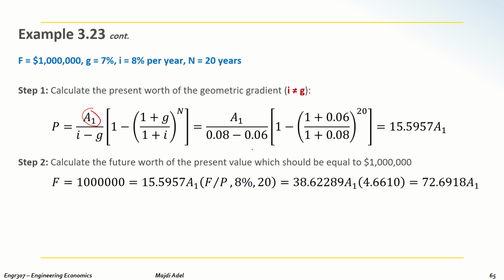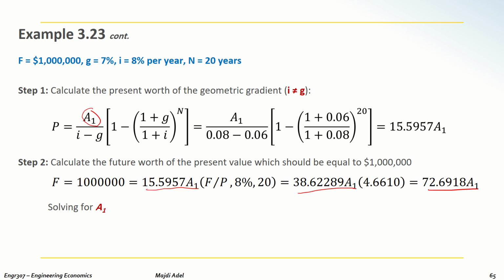So future value $1 million is equal to the present value 15.5957 multiplied by A1 multiplied by the factor calculate F given P at 8% and 20 years. Plug in the numbers, you will get those numbers. This answer, solve it for A1, you will get A1 equals $13,757.